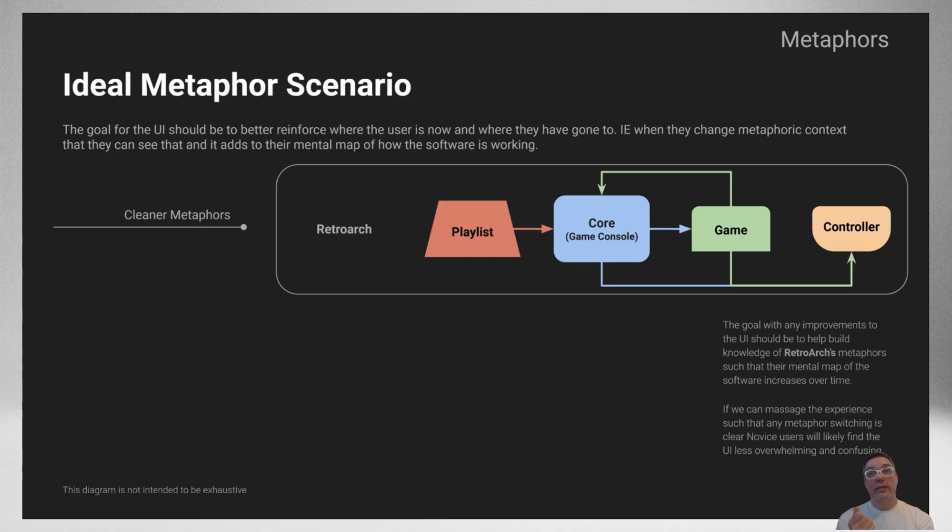Because I feel like if you were physically being, and this is not an actual realistic statement, but I'm just using it maybe to help people visualize, if the user felt that they were physically being transported from game to core when they're editing core stuff, and then from core to controller when they're editing controller stuff, then that might help them feel less lost and start to make the user interface a lot more cohesive.